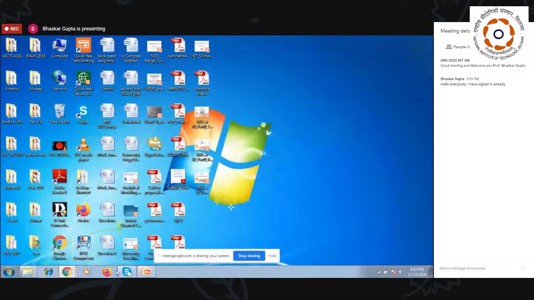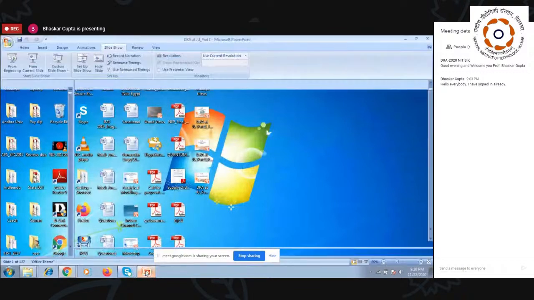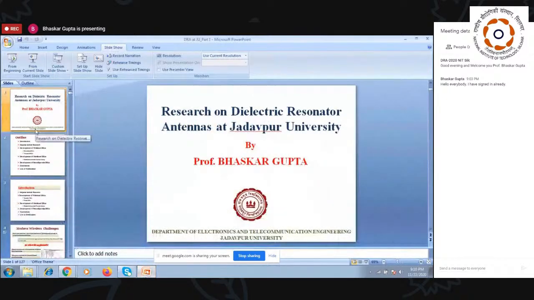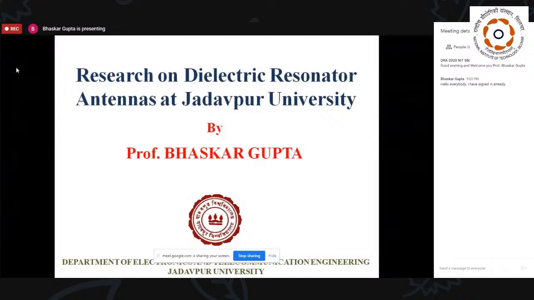Yeah, I opened that one. PPT, yes. Okay, again I'm doing that. Then slideshow, slideshow from beginning. Now you should be able to see it. On the bottom side there is one icon, stop sharing and hide. You click on hide sharing. Yes, that's it. Now it is good. Everything's okay.